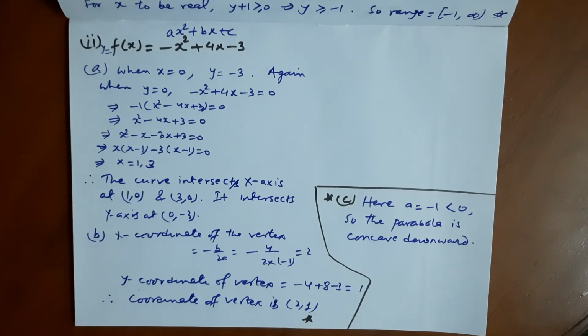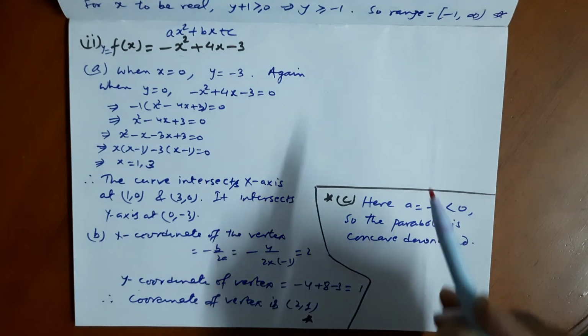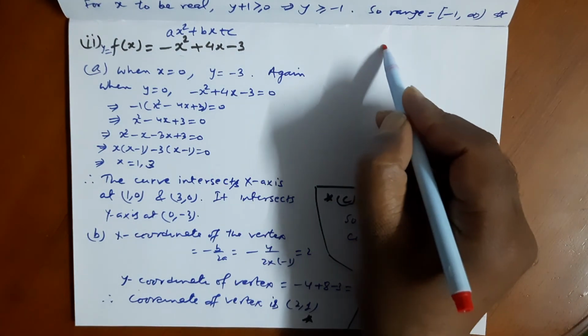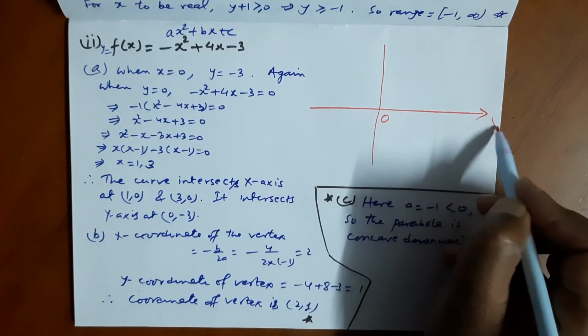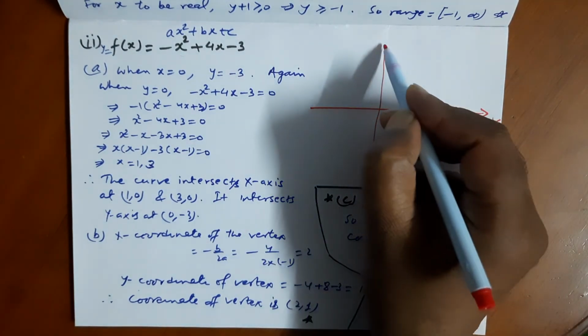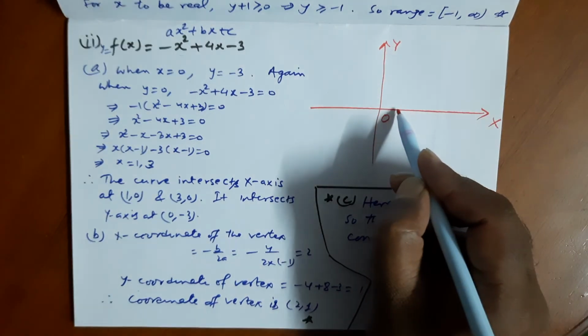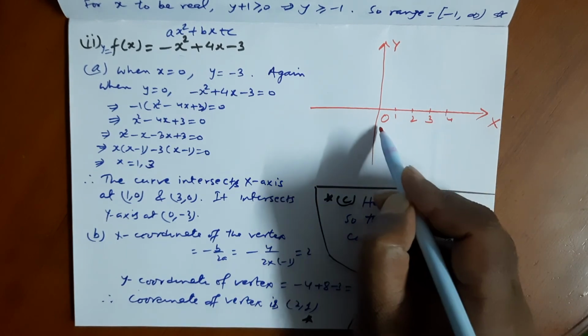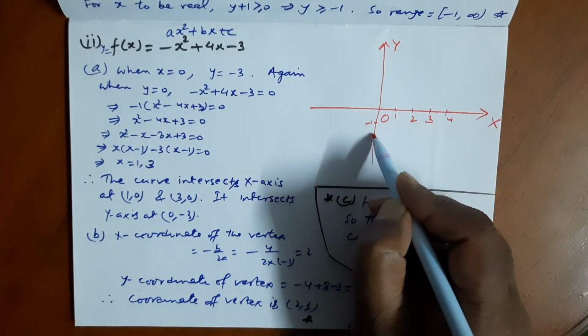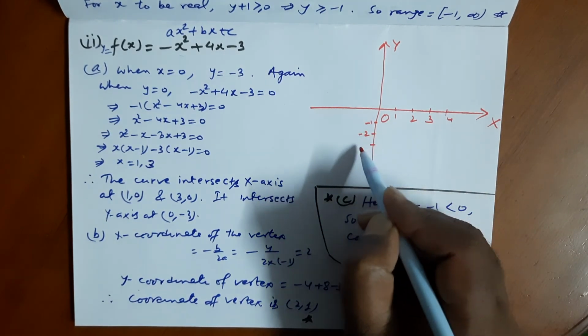So I will show you the graph of this quadratic curve. Now let's look at the graph of this. Origin, x-axis, y-axis, 1, 2, 3, 4, minus 1, minus 2, minus 3.